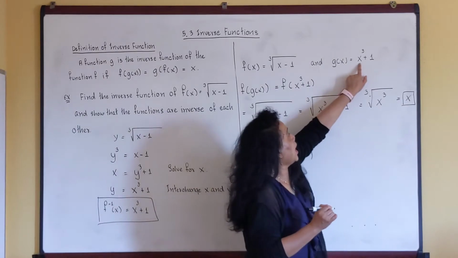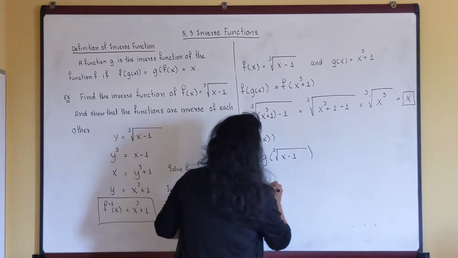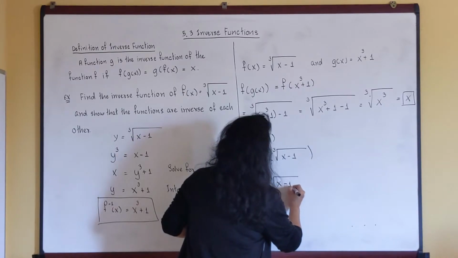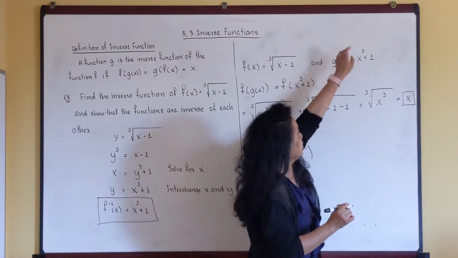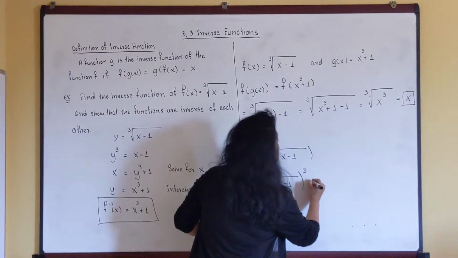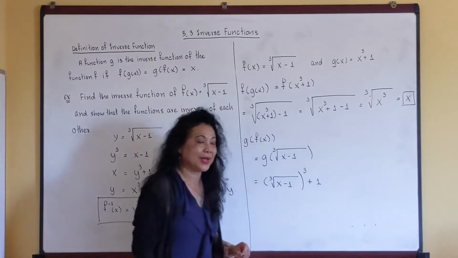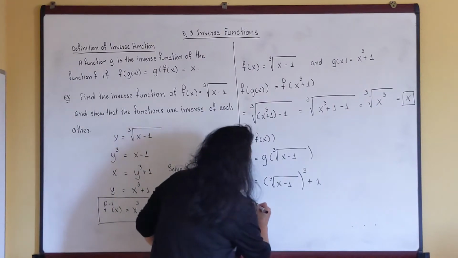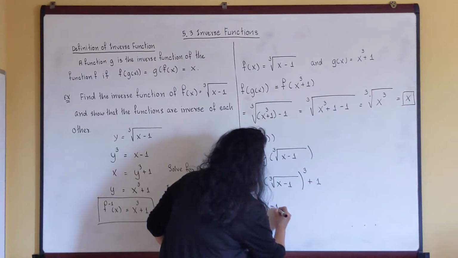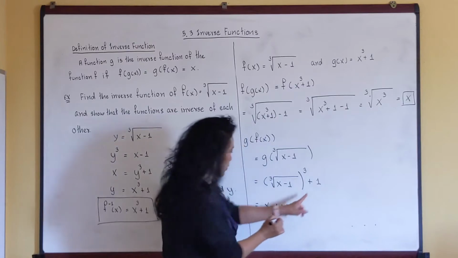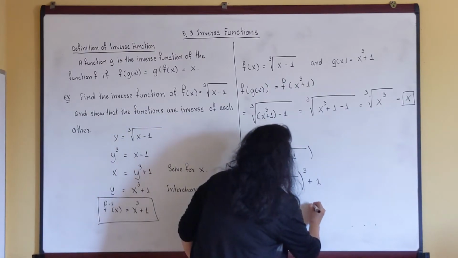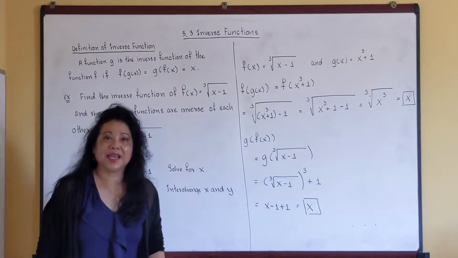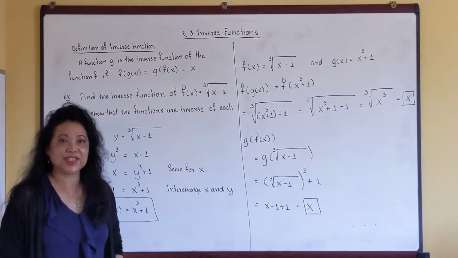So it's cube root of x minus 1, cubed, plus 1. Alright, then I will simplify this. So this just turns out to be x minus 1 plus 1. Simplify this, I have x. So I checked both directions equal x, so they are inverses of each other.